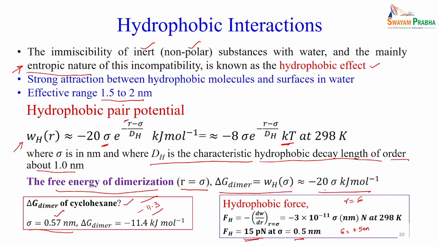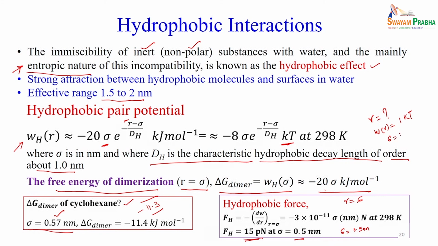So this is the strength of the hydrophobic interaction if the size of the molecule, or the sigma value, is 0.5 nanometer. Now if you want to see at what value of r this hydrophobic pair potential W(r) will be 1 kT or less than 1 kT, we can easily calculate from this expression.